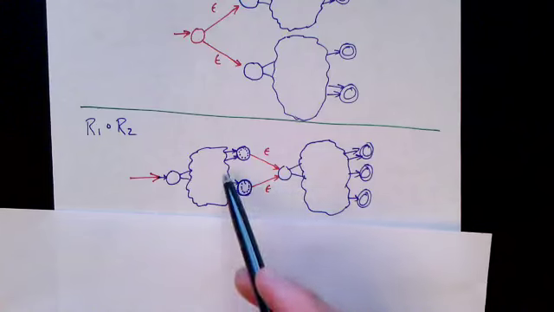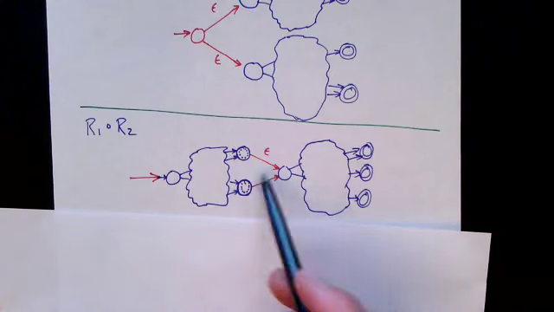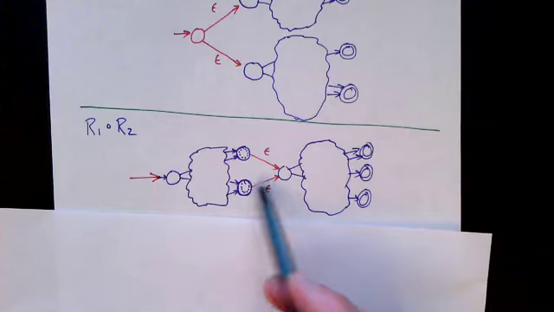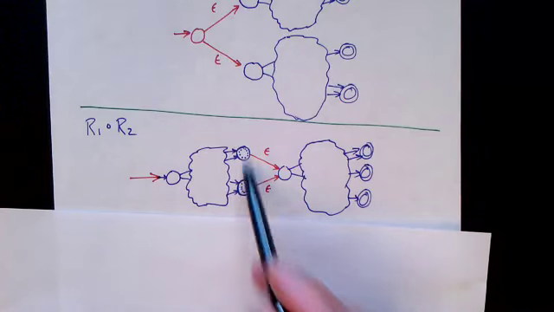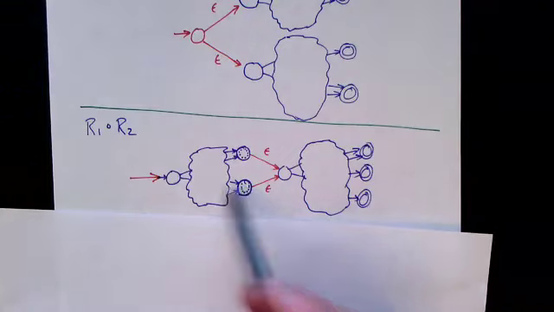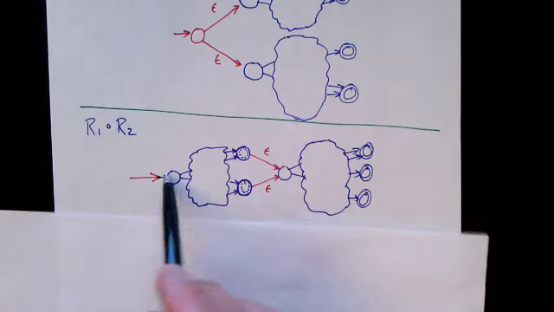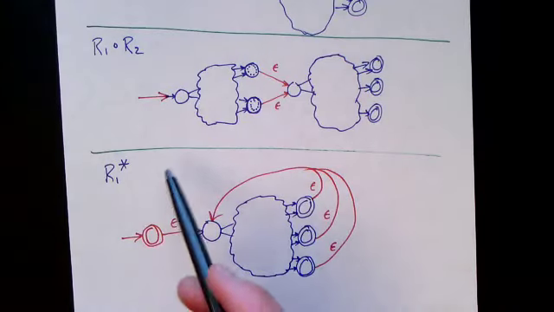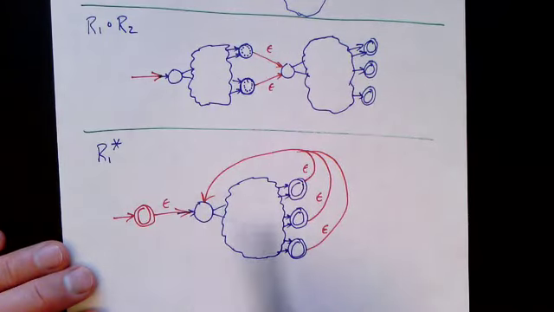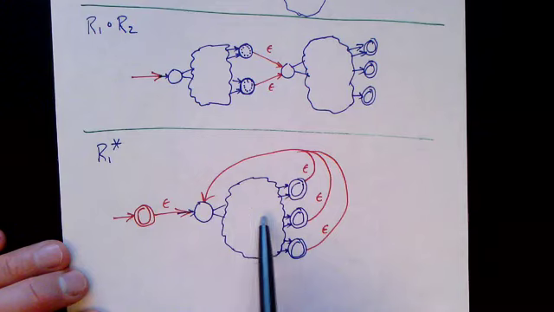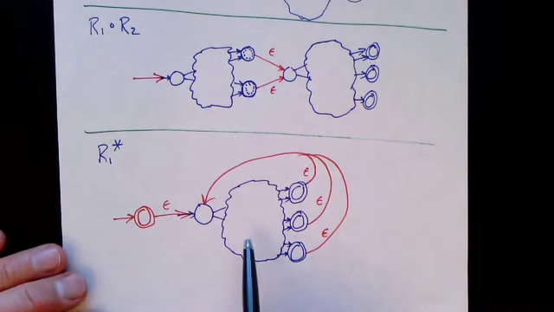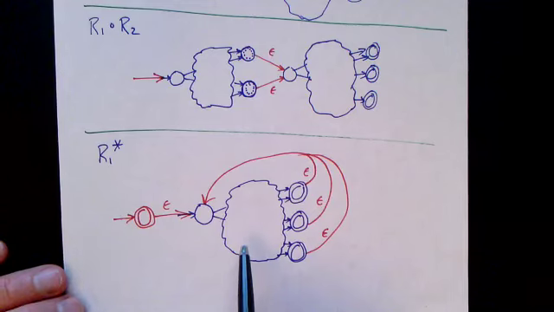So you first build those machines and then you combine them with a couple of epsilon edges, make these states non-final, and use this as our starting state. And finally, for the closure operation star, we build the machine that's shown here. And so this completes the proof of lemma 1.